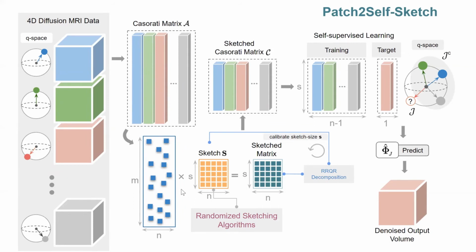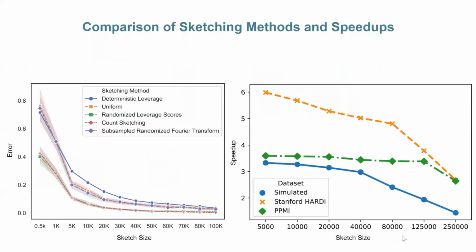And you do that by either doing random projection space sketching or the leverage score space sketching that I talked about right now. Now you get a sketched matrix C, which is much smaller than your actual Casorati matrix A. A Casorati matrix is nothing but essentially a linear difference matrix where each column is obtained independently. And then you run Patch2Self again on the smaller Casorati matrix. And surprisingly, your denoised output looks very similar, which we will look at in the next slides.